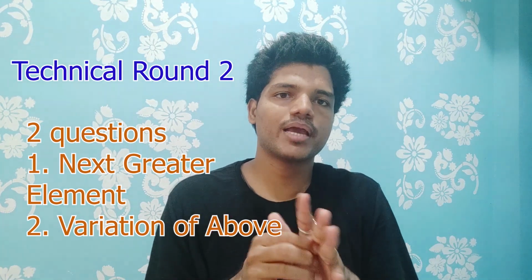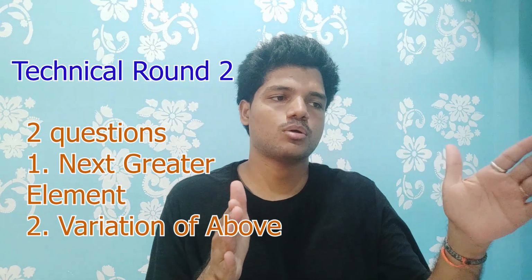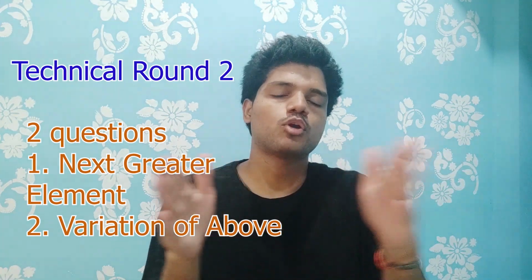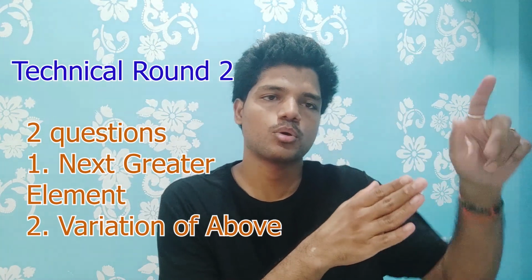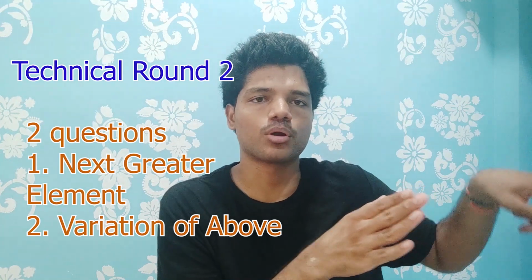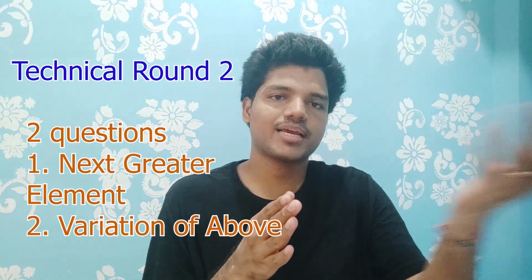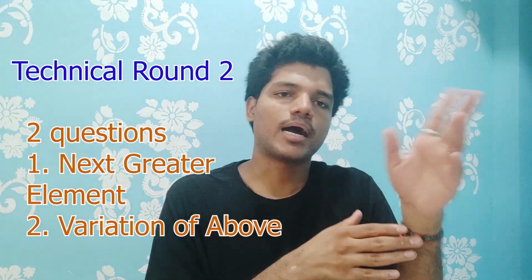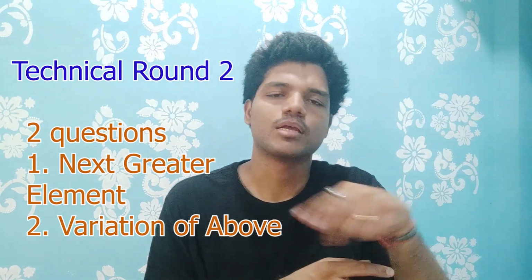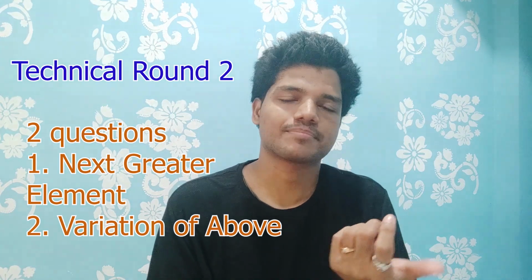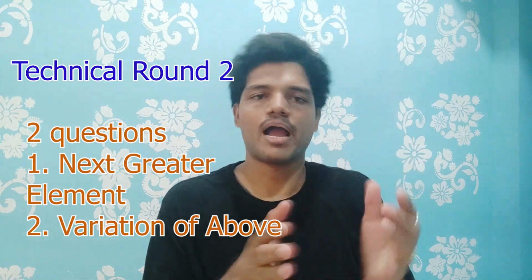How will that look in an array, let's say 1, 4, 2, 3? 3's next is nothing, so that index is updated with 0. 2's next greater value is 3, and 1's next is 4. That is how we need to modify the array. I did that one.